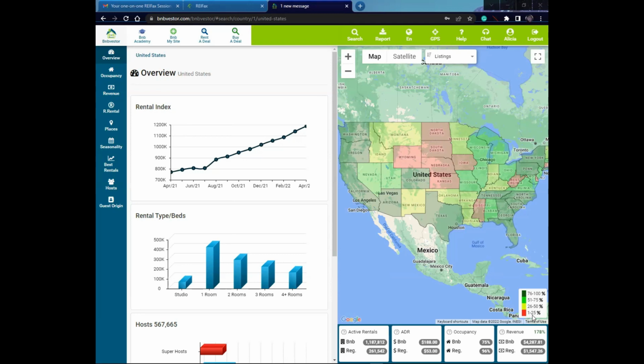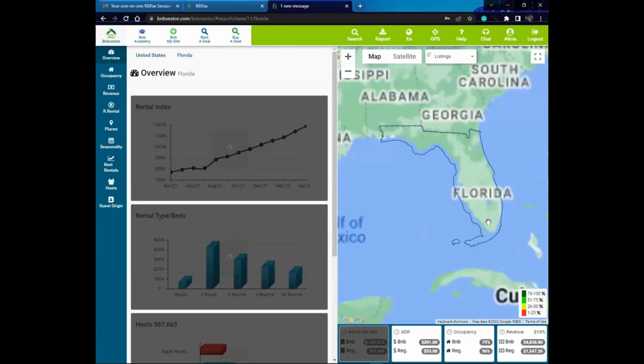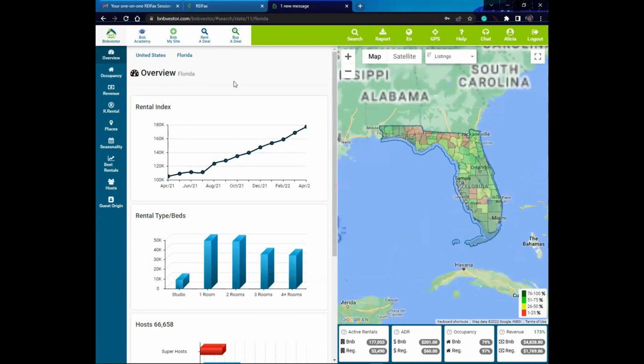So let's zoom into Florida. I just click on it and click here and go, and the system will zoom into that area. As you see, the graphs updated themselves to show me specific information for Florida. Again, I can see the different colors in the different areas.